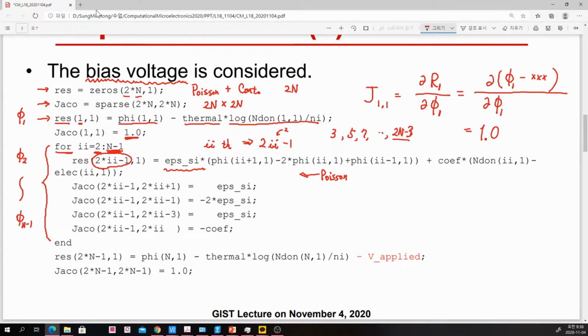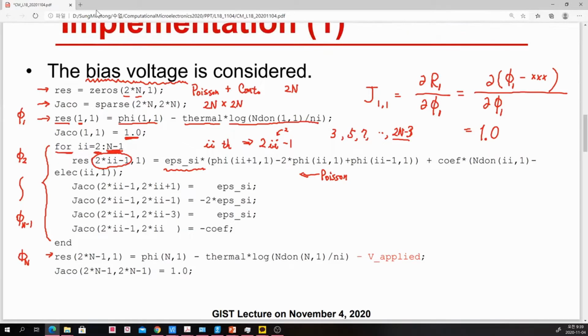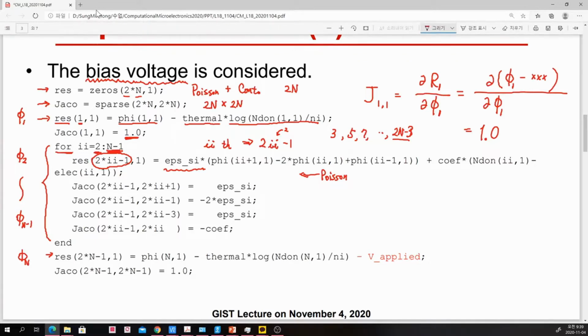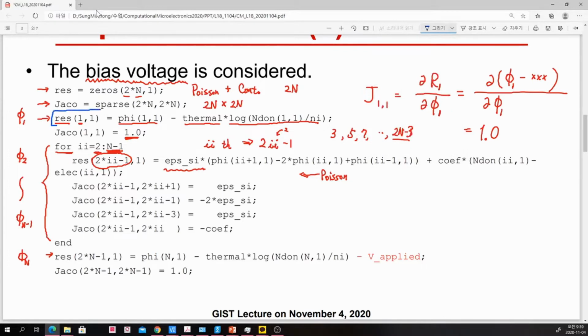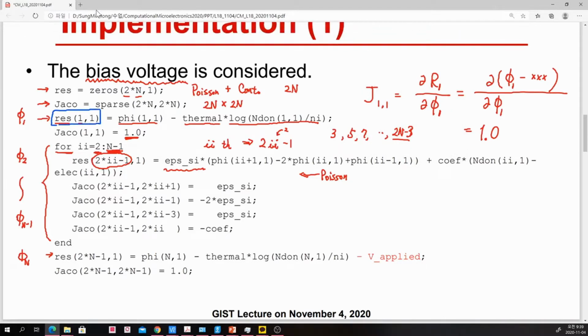And finally here we have to consider phi n. This is the contact where we have applied non-zero bias voltage. In this case, although it looks quite similar to our previous residue 1, comma 1, but residue 2n minus 1, comma 1 just has an additional term. Here, you have it.